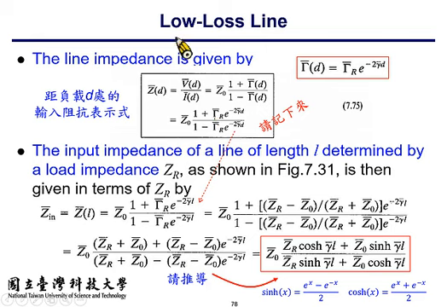Once you have the expression for the reflection coefficient, you can substitute the definition of Z(D), which is the ratio of V(D) over I(D). It equals the characteristic impedance Z sub 0 times (1 plus gamma) over (1 minus gamma). So you substitute gamma(D) with this expression, and you end up with this relationship.